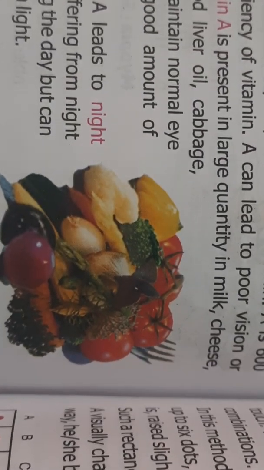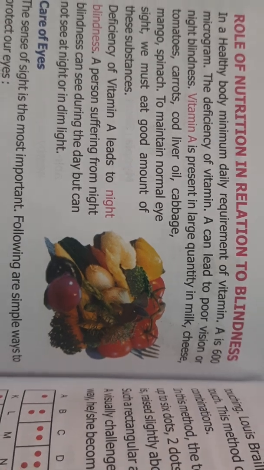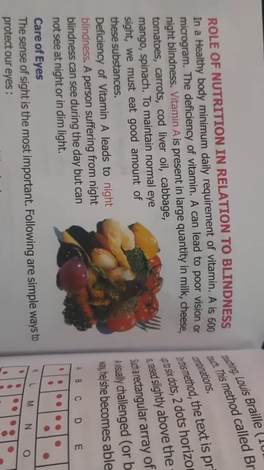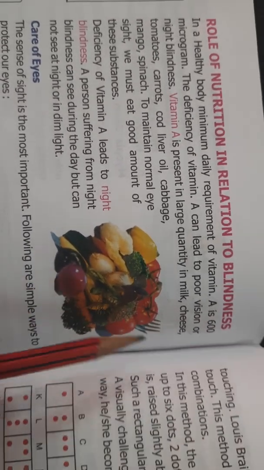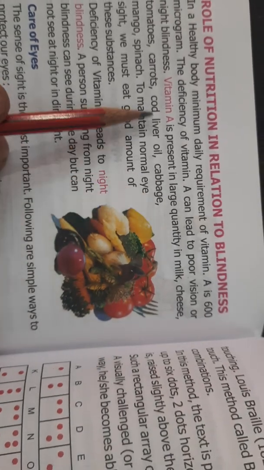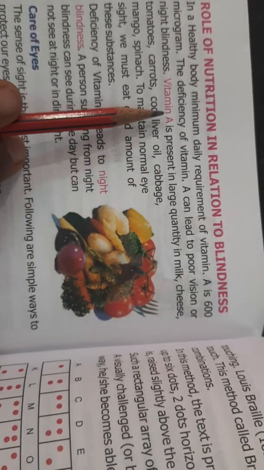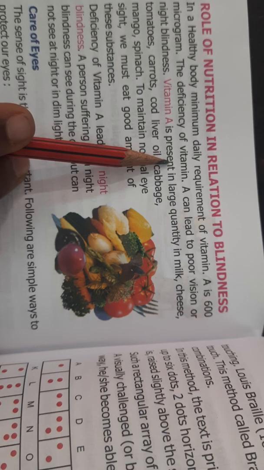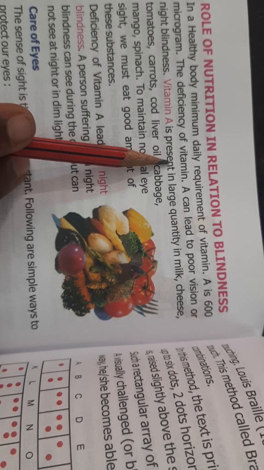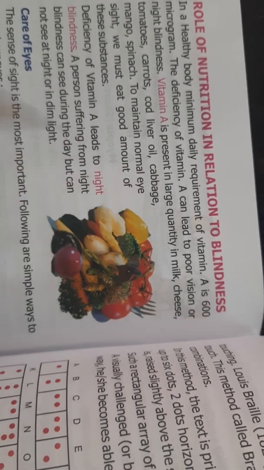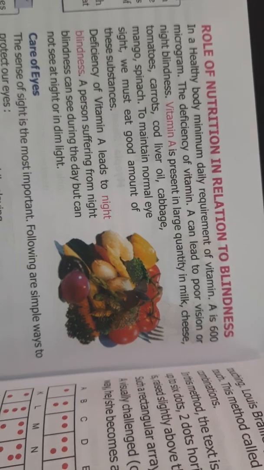Now there is the role of nutrition in regard to blindness. You all have studied in your previous classes, children, that due to the deficiency of vitamin A in our diet, it can lead to poor vision or night blindness.